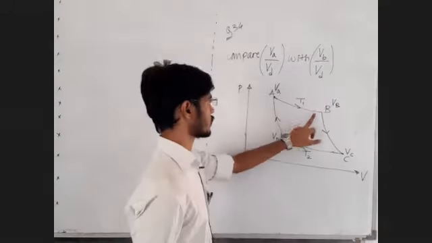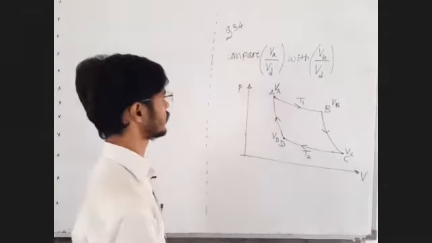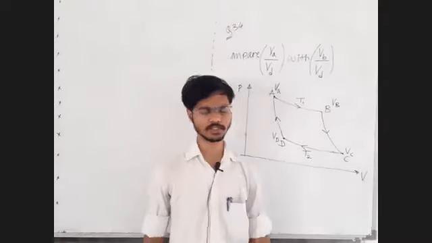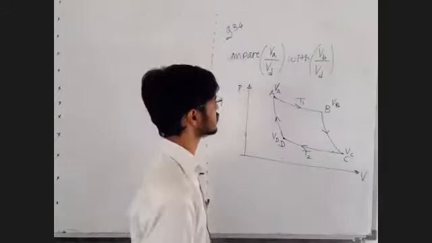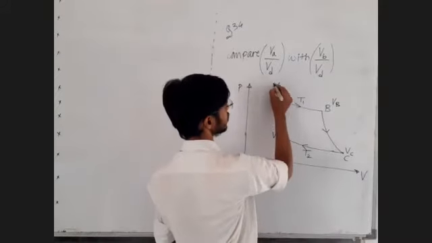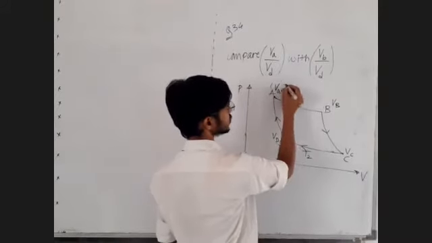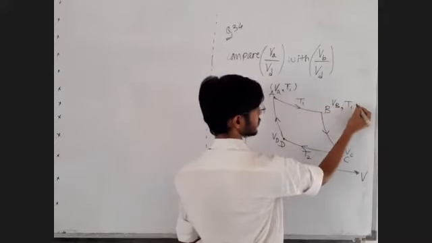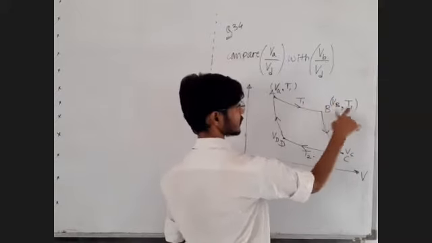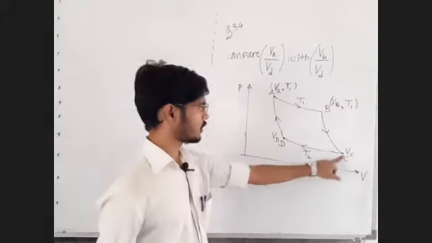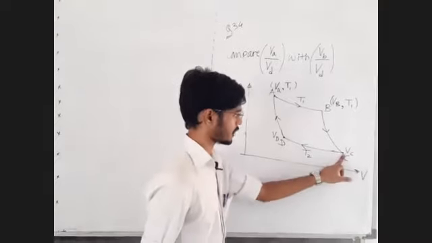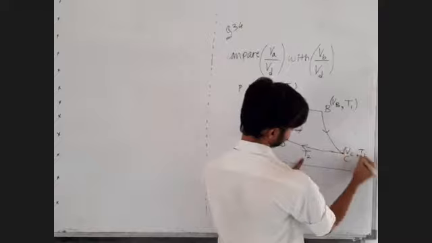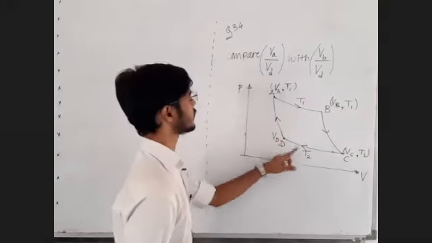PV is equal to constant, or P1 V1 equal to P2 V2. So first thing that we have to do is write the process equations. Here the volume is VA, the temperature is T1. Here the volume is VB, temperature is again T1. Here at this point we have volume VC, temperature T2. Here we have volume VD, temperature T2.